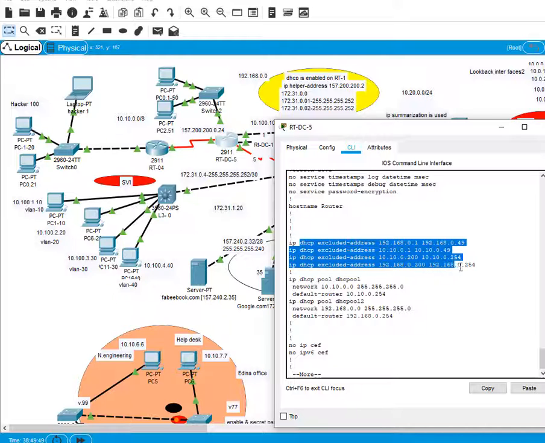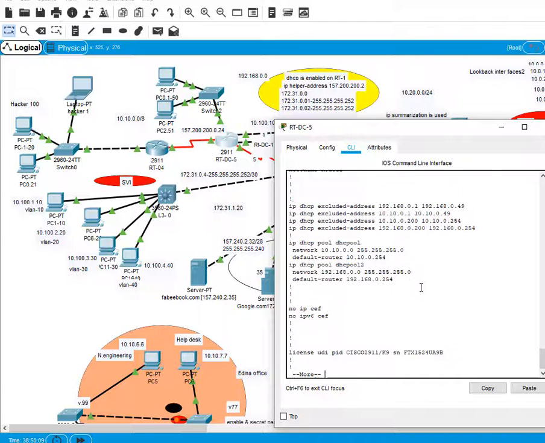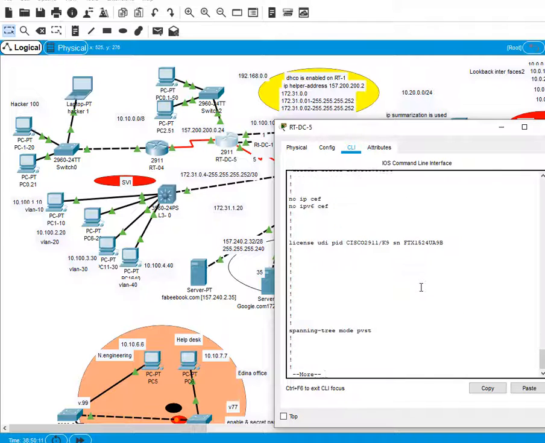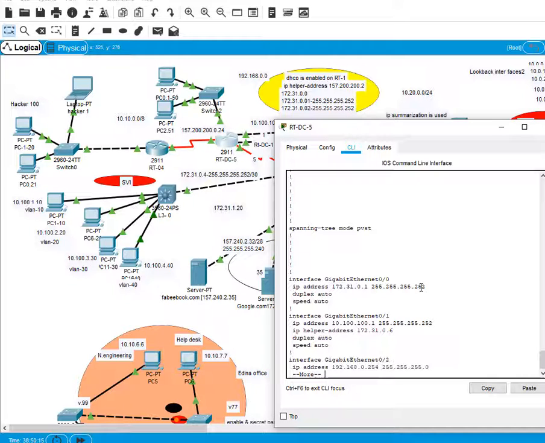Maybe it's used to reserve something, or when you want to statically use this IP range. This is the active IP pool that this router can hand out to the client computers, right? That is one thing we have already talked about, and I want to show you that what I'm telling you is real.